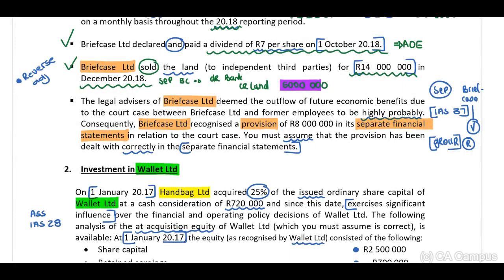Next bullet point. The legal advisors of Briefcase Limited deemed the outflow of future economic benefits due to the court case between Briefcase Limited and former employees to be highly probable. When you look at the right side of your screen, you will remember we have identified that in the separate records of Briefcase may now recognize the provision. And in our group, we therefore need to reverse this. Okay?